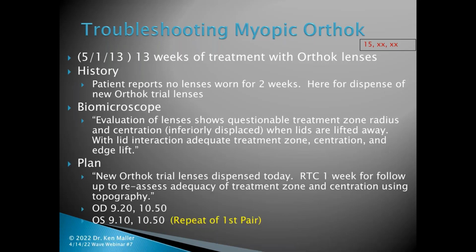The new Ortho-K trial lenses were dispensed today. Recheck 1 week for follow-up to reassess adequacy of the treatment zone and centration using topography. So this is a repeat of the first pair, so he's back in the very first pair that he had started with at his 15th visit.